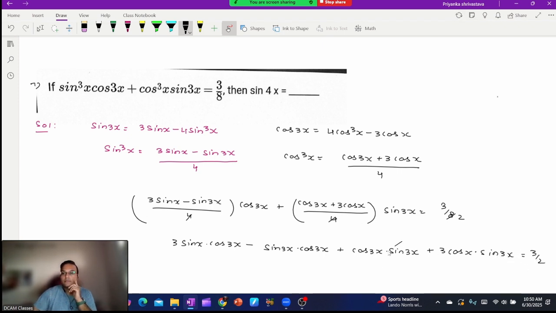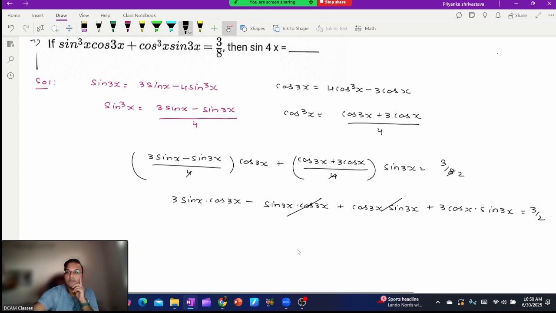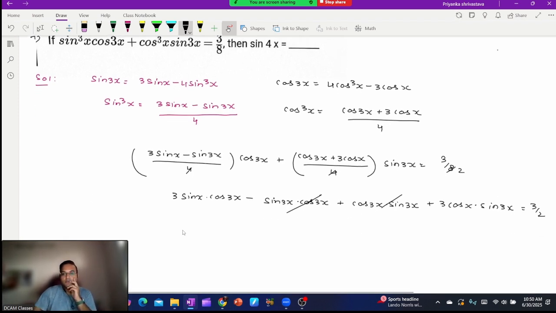So we can cancel these similar terms. So 3 into sin x cos 3x plus cos x sin 3x is equal to 3 by 2 you are getting.